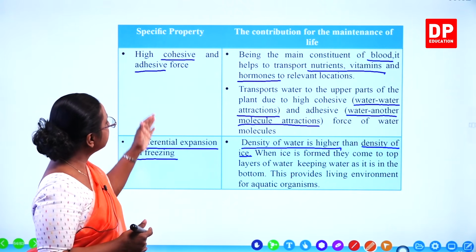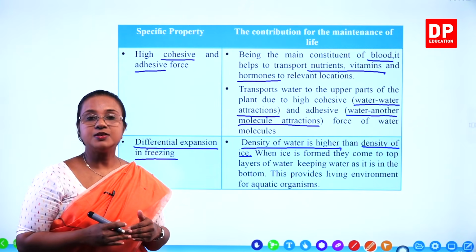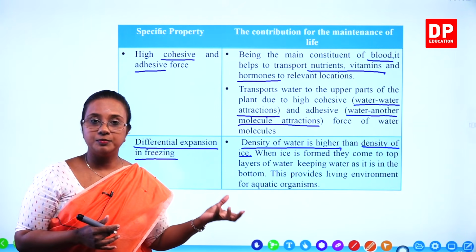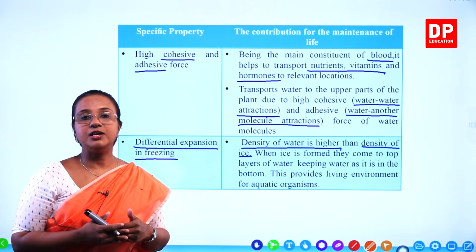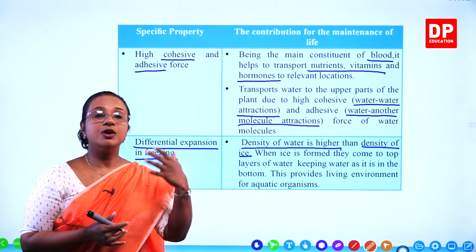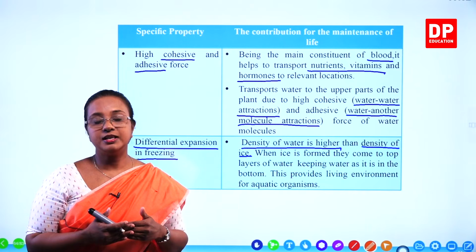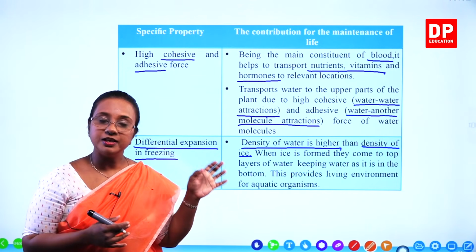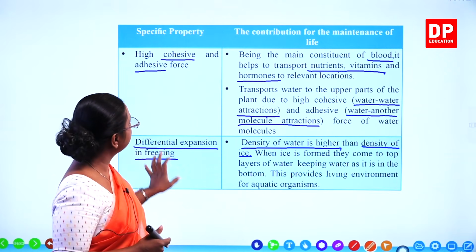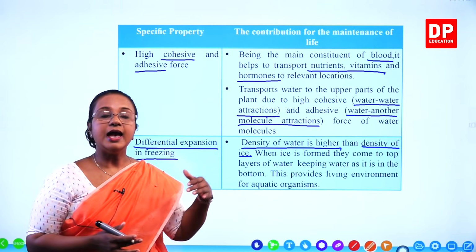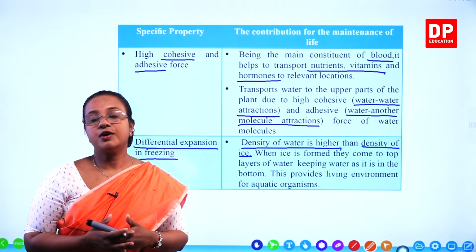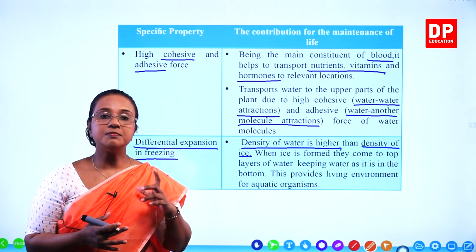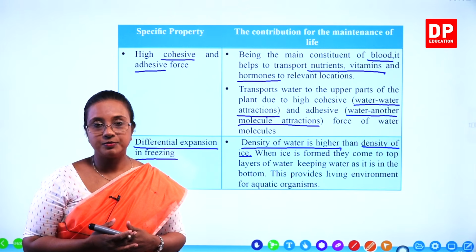Okay, so these are different properties of water that help it to be an important component in the bodies of living organisms and to maintain the life of living organisms. So, I hope, students, that you got a very good understanding of the different properties of water and how they are useful for the maintenance of life. So, that is one of the main inorganic components.